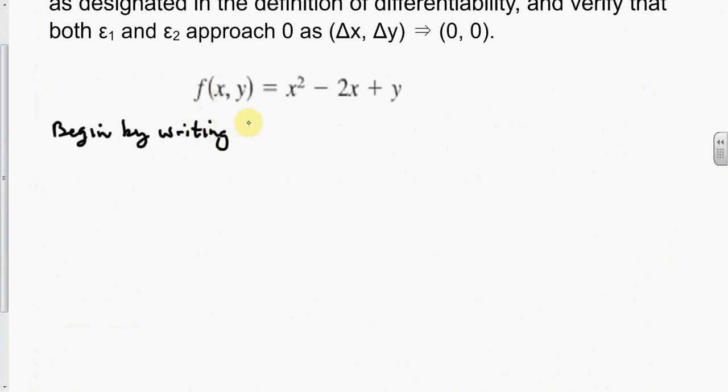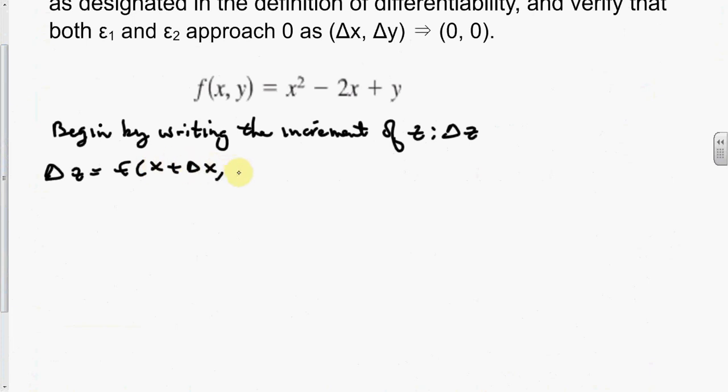So begin by writing the increment of z, delta z. So delta z, you remember, is equal to f of x plus delta x comma y plus delta y minus f of xy.